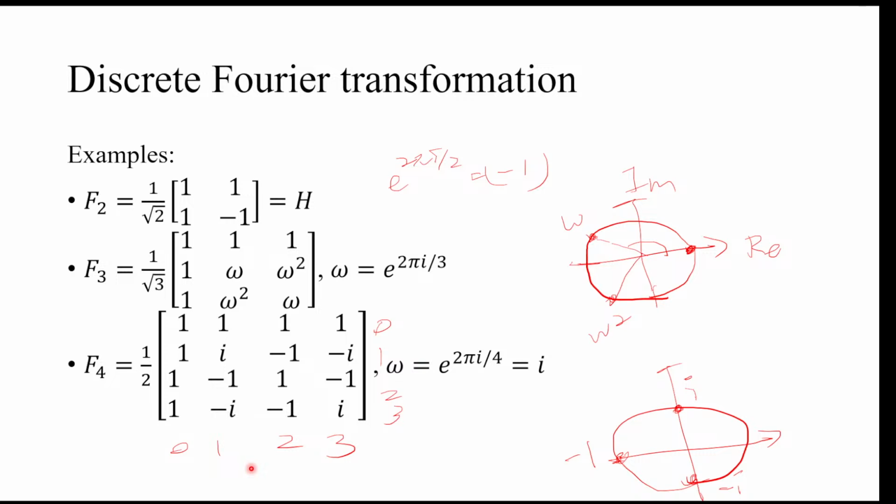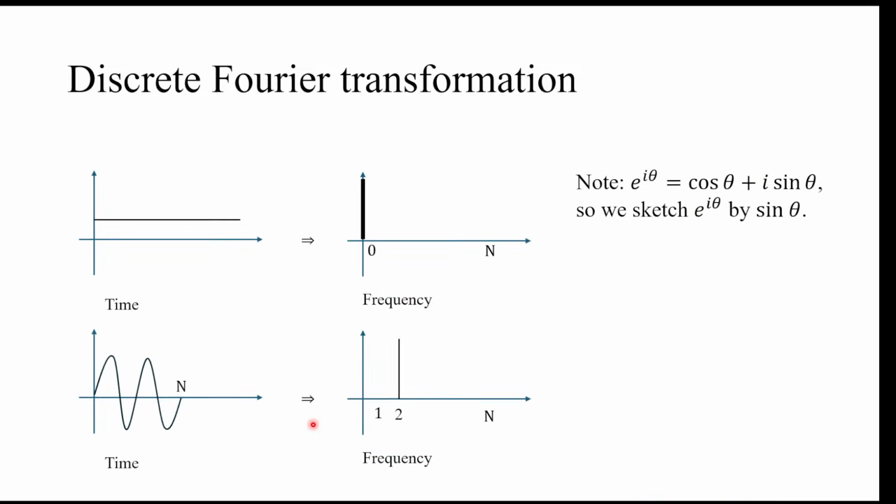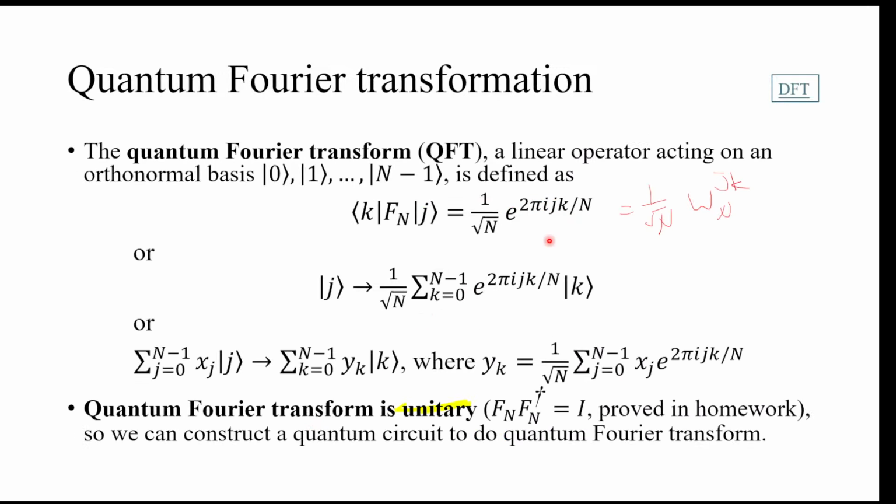Okay. So that's the output of your Fn. And you write it down as an algebraic expression. It's this thing, e to the 2 pi jk divided by n.